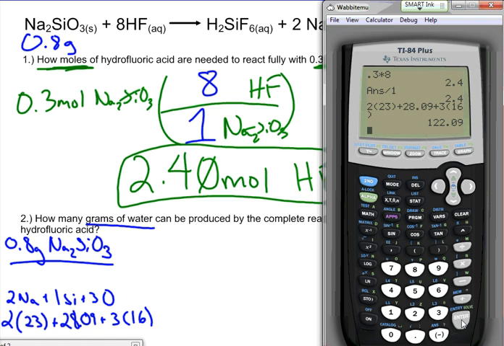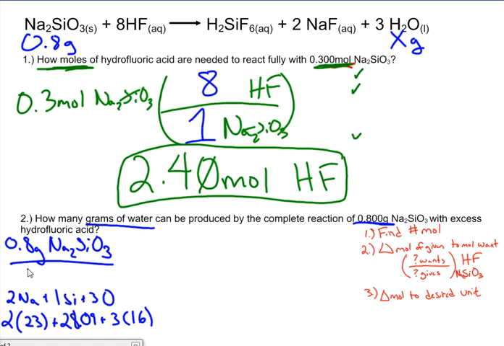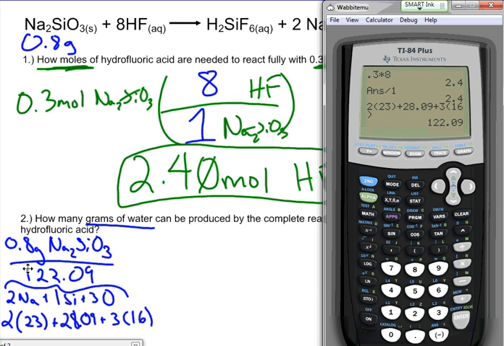Molar mass is 122.09. That's what all this is. All right, so I'm going to divide 0.8 by 122.09, and we find that that is 0.06553.